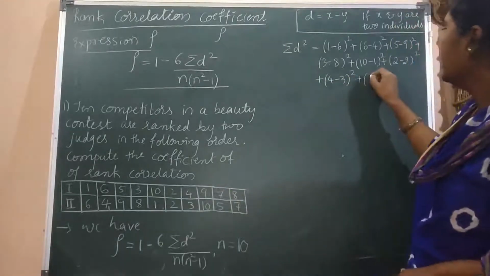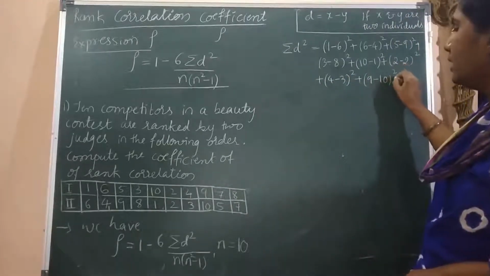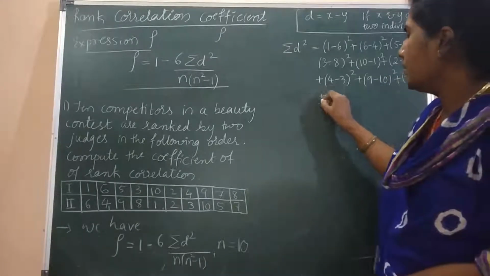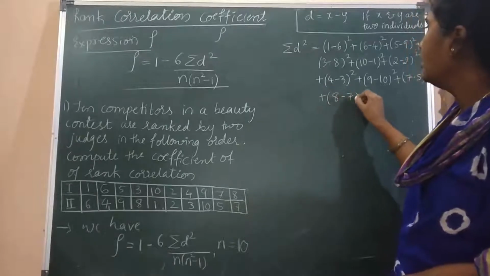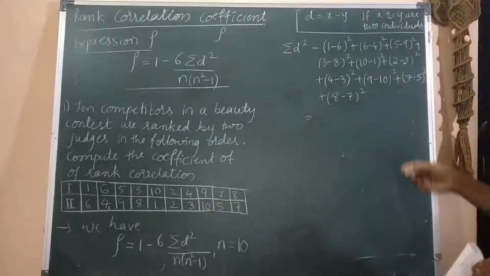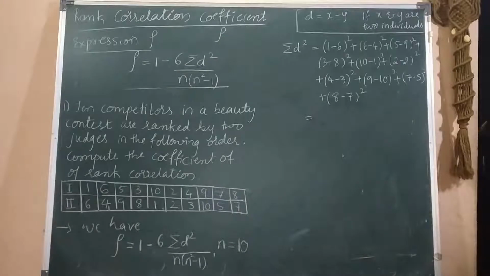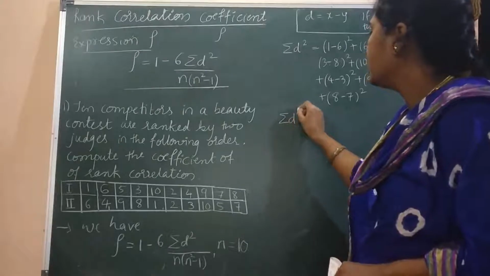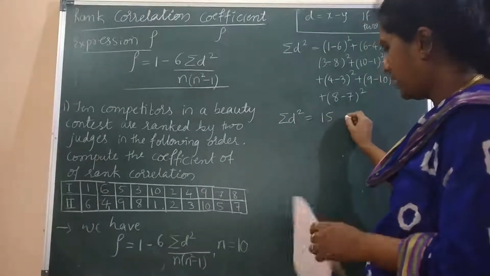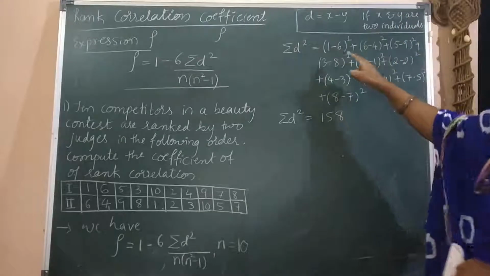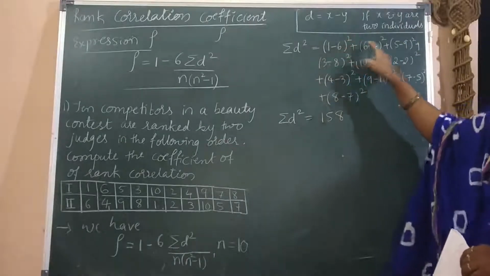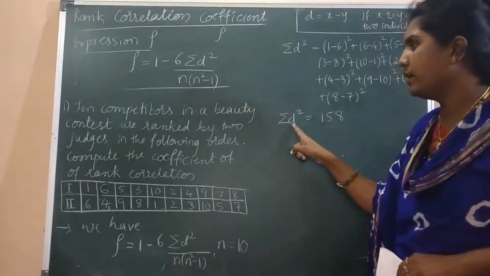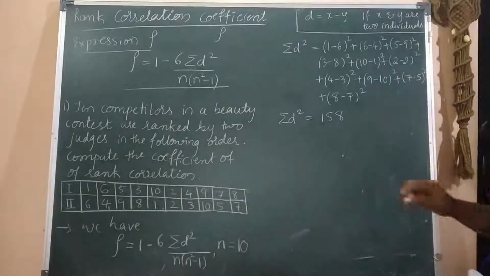Next, 9 minus 10 whole square plus 7 minus 5 whole square plus 8 minus 7 whole square. Next simplify all the terms. After simplifying, we get summation of d square is equal to 158.